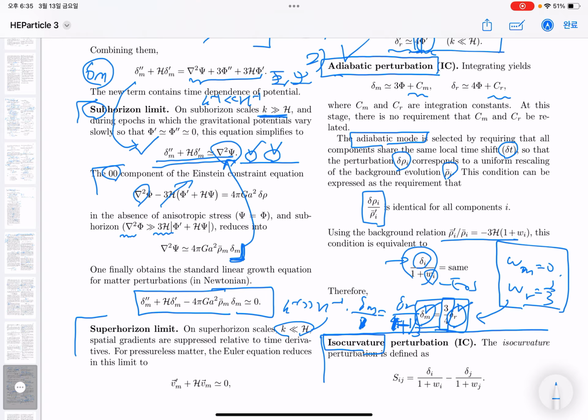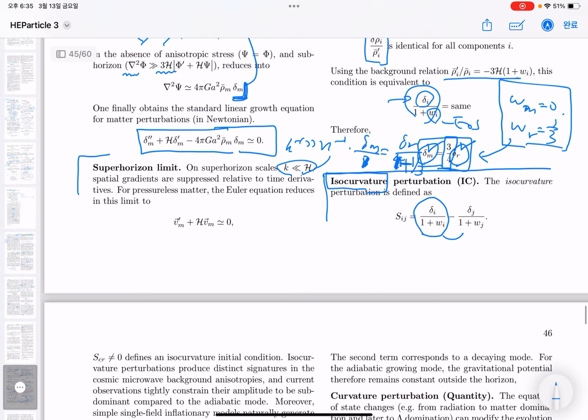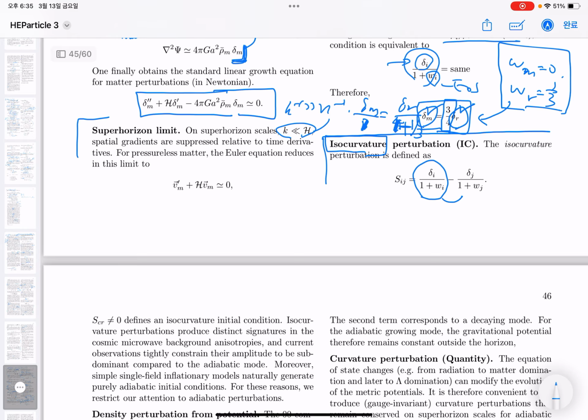Also, there are some other initial conditions, the so-called isocurvature perturbations. The isocurvature perturbations are defined by the difference between the quantity δ_i over (1 plus w_i) for each component, and for the isocurvature perturbation, these quantities are constant.